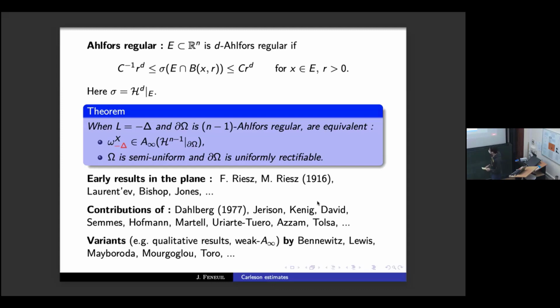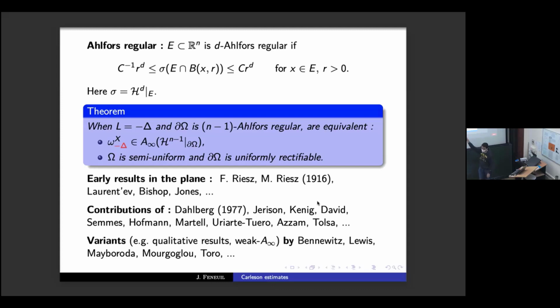For that particular case, I think it's more Steve. Oh, Steve. Yeah. And for the semi-uniformity, I think that Jonas is the one. Yeah, exactly.